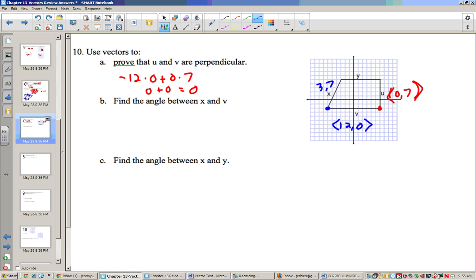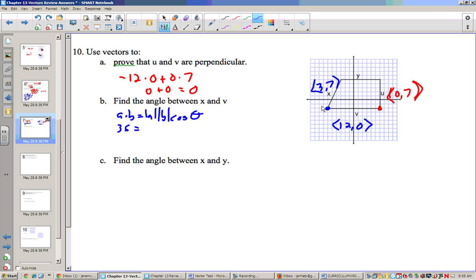So 3, 7. So really now I'm just finding the angle between these two vectors. So using the same thing we did on the previous problem, or number 9, I mean. So 3 times 12 is 36. 36 plus 7 times 0, which is 0, isn't anything.